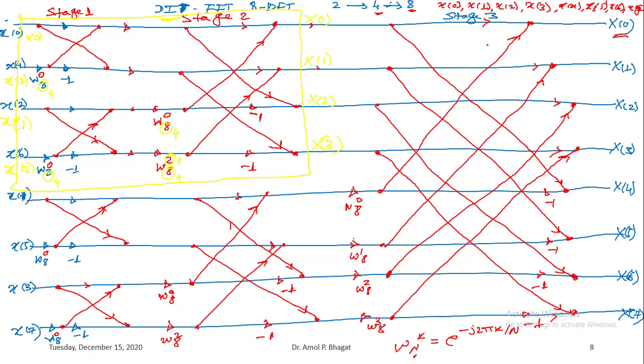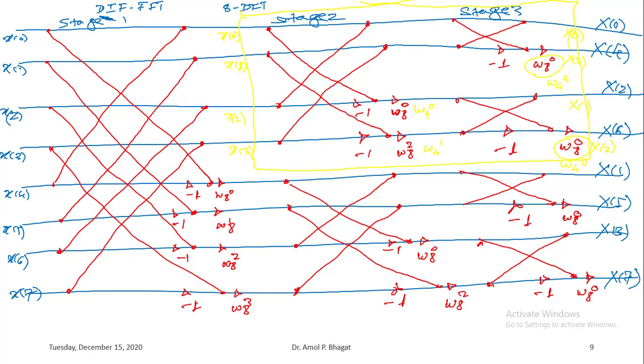The difference between DIT FFT and DIF FFT: in DIT FFT inputs are in decimated form while outputs are in sequential form, right? So outputs are in sequence 0 1 2 3 4 5 6 7, inputs are in decimated form 0 4 2 6 1 5 3 7, right? While in case of DIF FFT, inputs are sequential 0 1 2 3 4 5 6 7, while outputs are in decimated form.